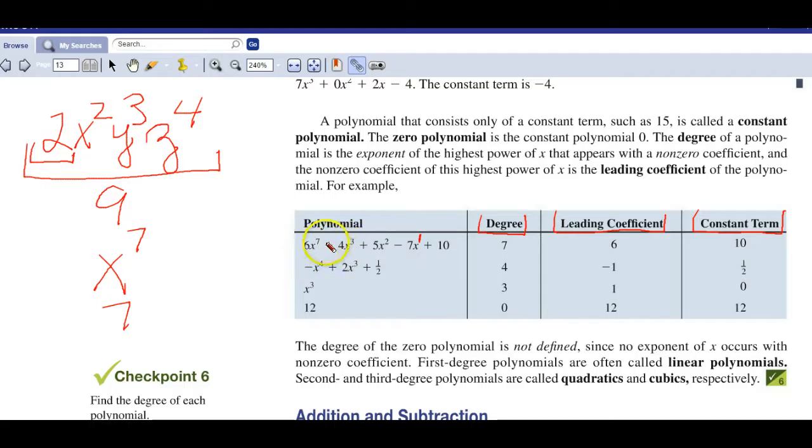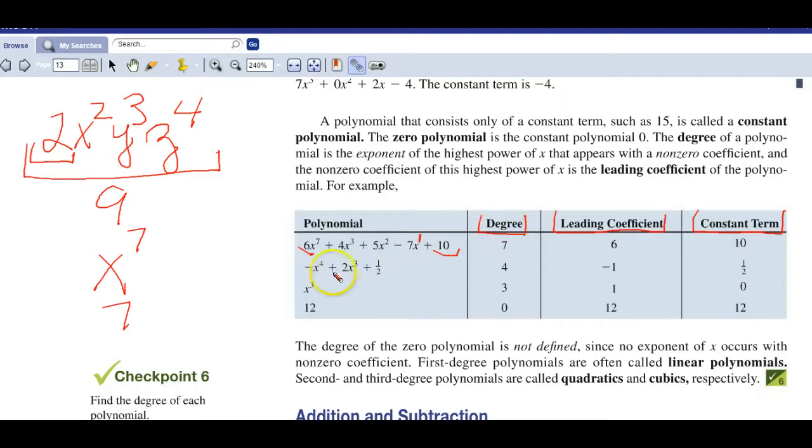So the degree of this polynomial is 7, because that's the greatest value of exponents on the variables. Now the leading coefficient would be the coefficient of the largest degree, which is 6. And then the constant term is 10.